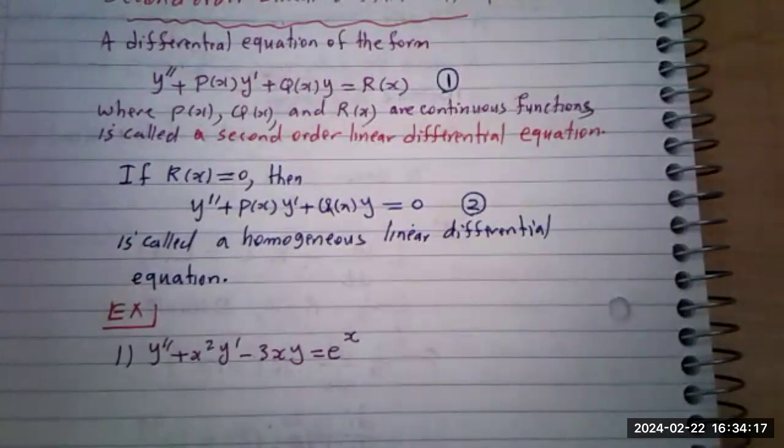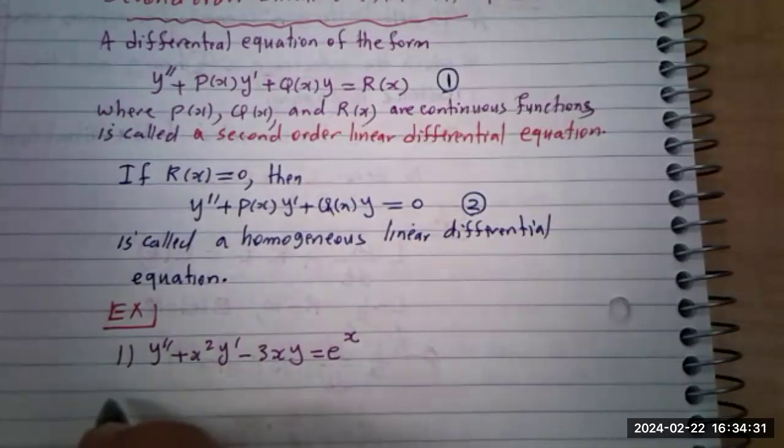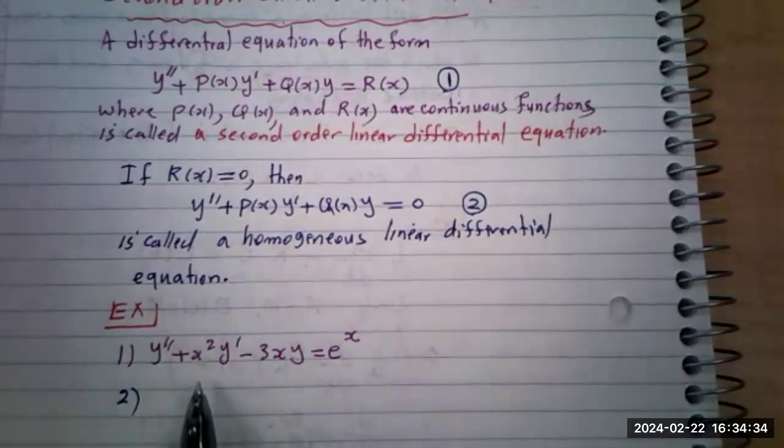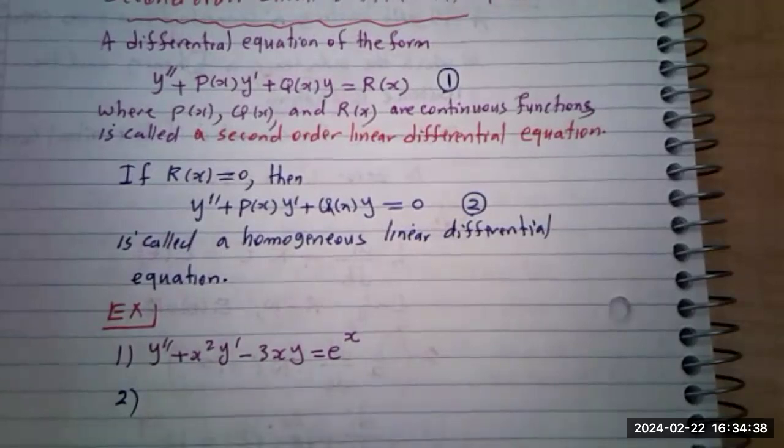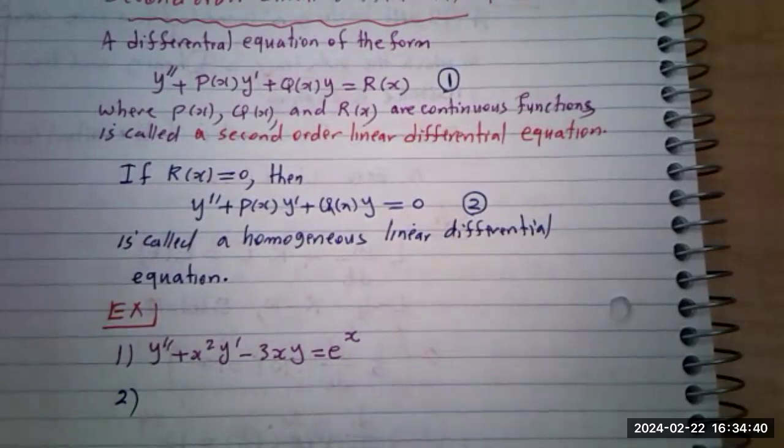If you have y squared, it's not linear. We already talked about the definition. This is non-homogeneous because r of x is not 0. In this case, for example, p of x is x squared, q of x would be negative 3x, and r of x is e to the x.